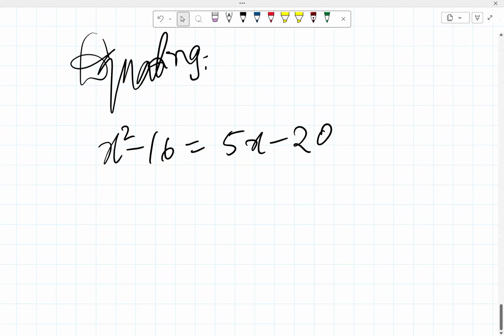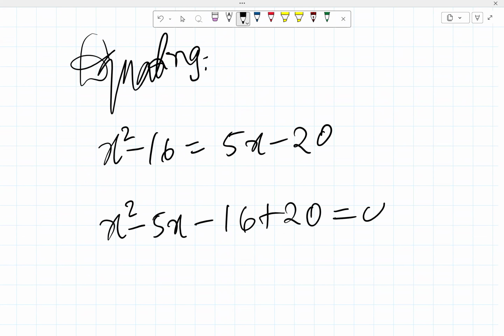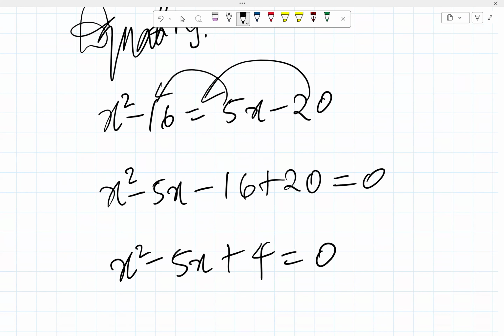Then we want to solve for x, so we can collect like terms. We have x squared minus 5x minus 16 plus 20 equals 0. As you can see, 5x comes here and becomes negative, and minus 20 comes here and becomes positive. So we have x squared minus 5x minus 16 plus 20, which is plus 4, equals 0.